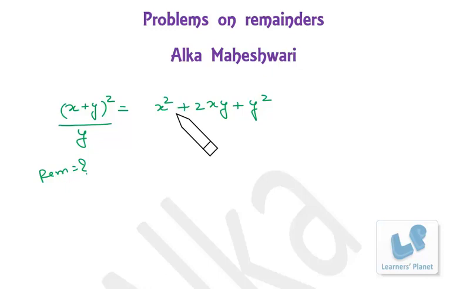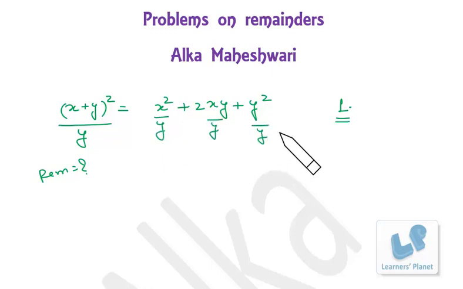The first basic thing you have to understand is that you have to find the remainder in individual cases, then add them all up. So you find the remainder when x square is divided by y, when 2xy is divided by y, and when y square is divided by y.